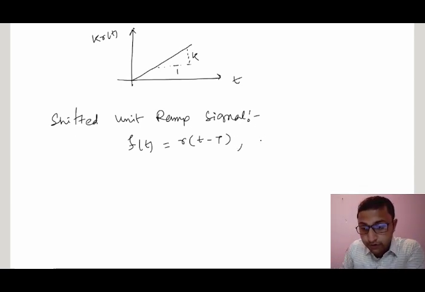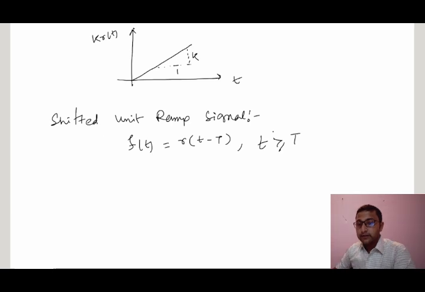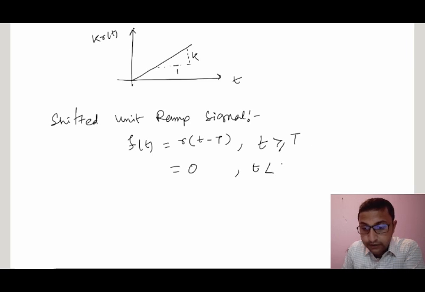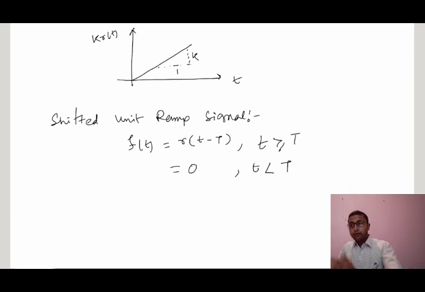So it is true for t greater than or equal to capital T, and f(t) is equal to 0 for t less than capital T. Before capital T, the value of the signal is 0 because the signal starts from capital T seconds.